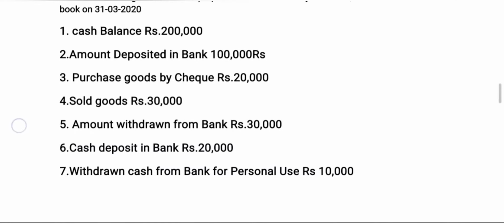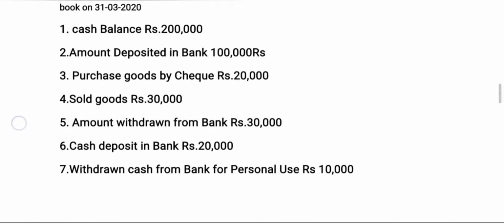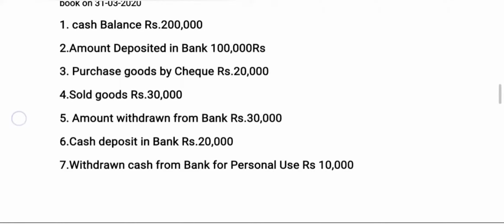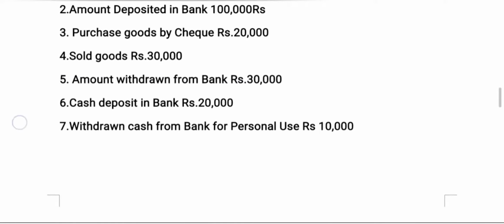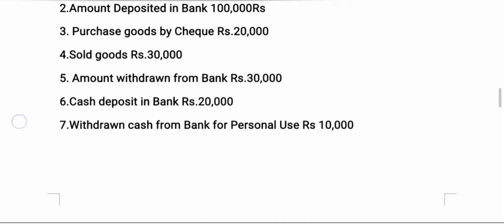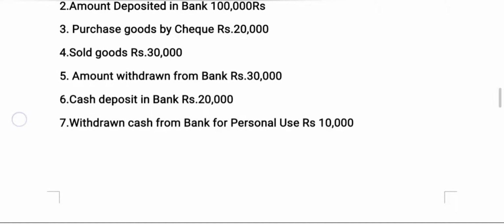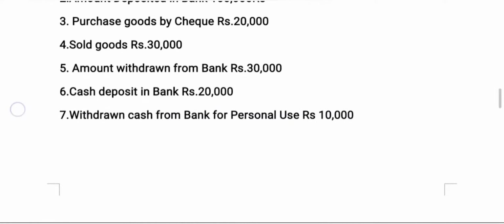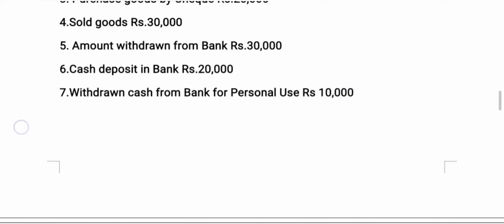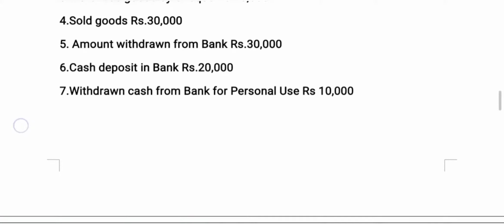Third transaction, purchased goods by check 20,000 rupees. Fourth transaction, sold goods for 30,000 rupees. Fifth transaction, amount withdrawn from bank 30,000. Sixth date, cash deposited in bank 20,000 rupees, and seventh date, cash withdrawn from bank for personal use 10,000.